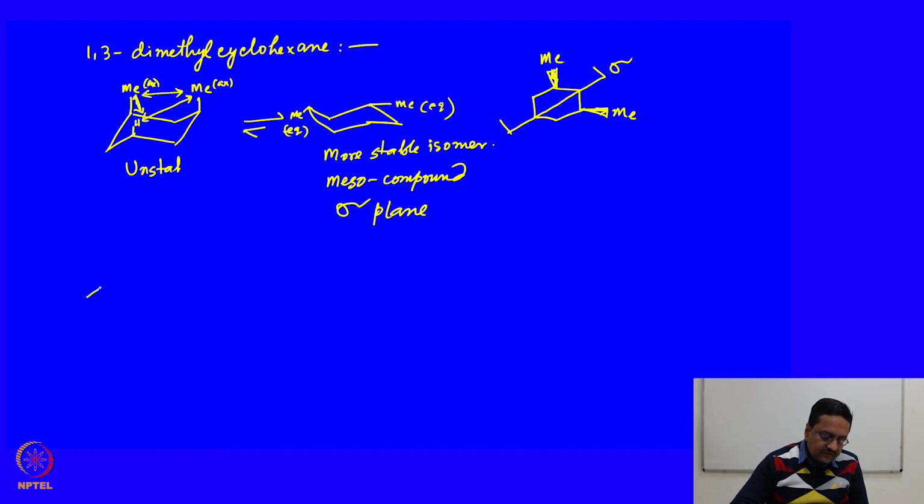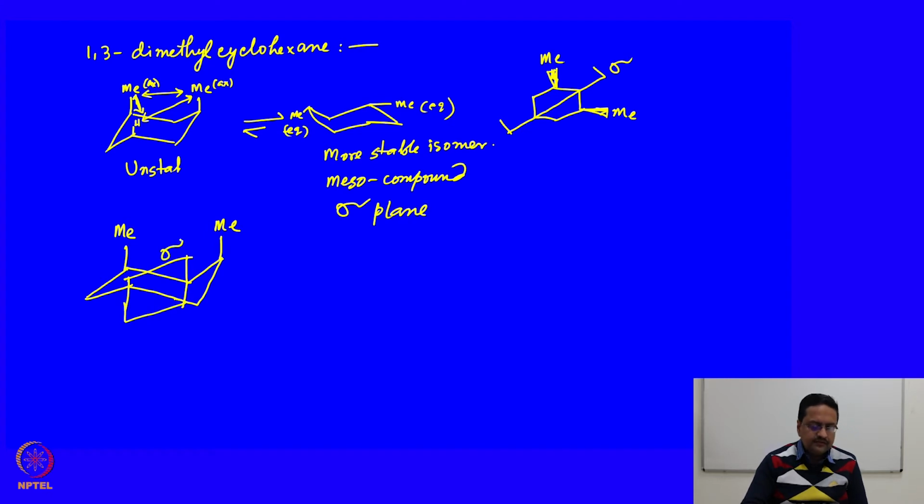Let us try to draw it for your easy understanding. This is the mirror plane which bisects the molecule, and the methyls are mirror images. This carbon and that carbon are mirror images. Therefore, this compound is optically inactive.